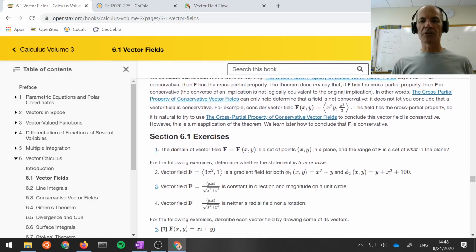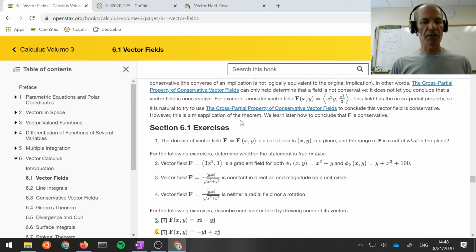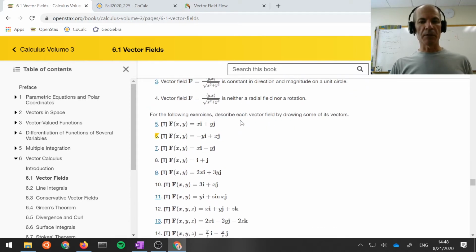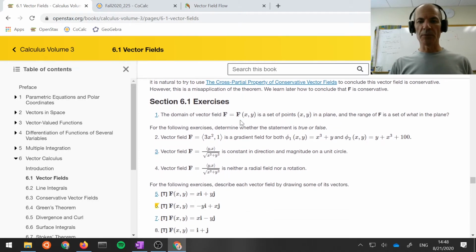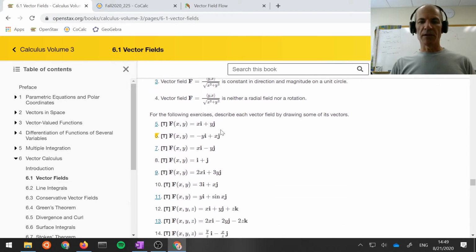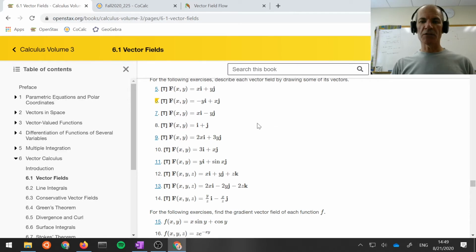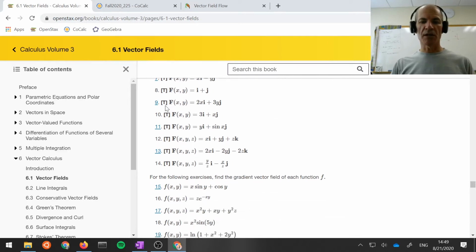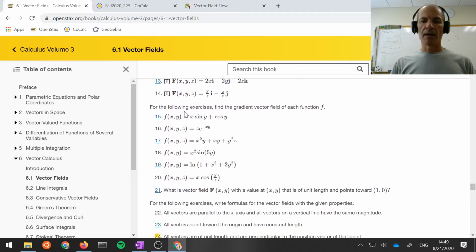Okay, let's jump over to the exercises here. I'm not going to do too many of them. A lot of them are review. For example, determine whether these are true or false. That one's pretty straightforward. Here you're asked to describe each vector field by drawing some of its vectors. I'm going to do number 6 here, and we'll talk a little bit about it. Find the gradient vector field for each function f.